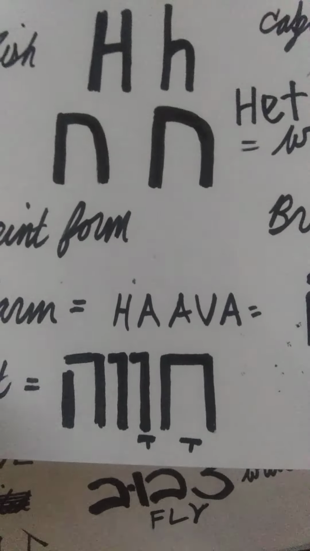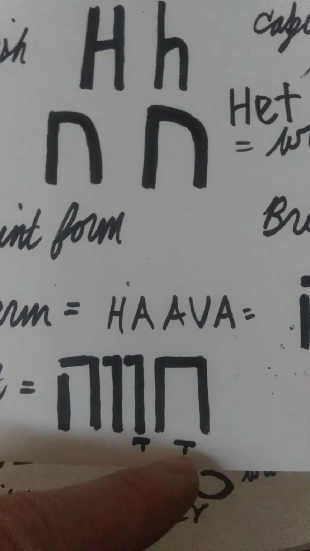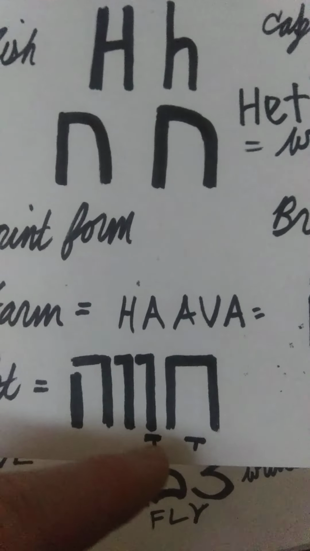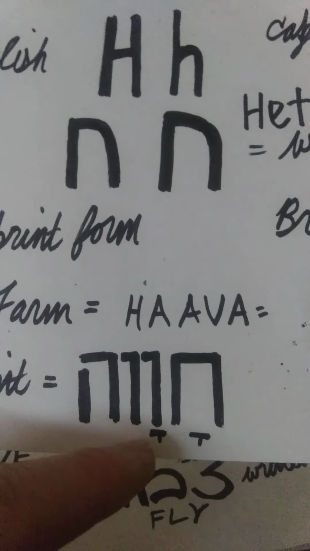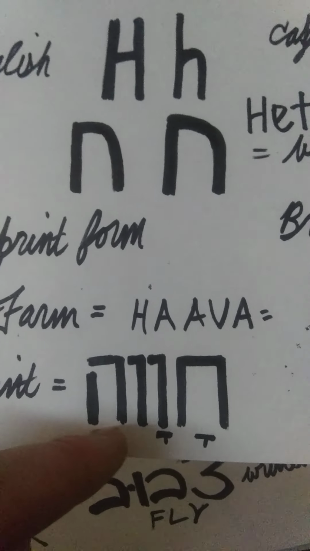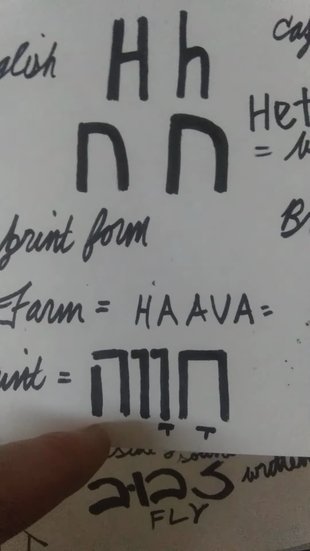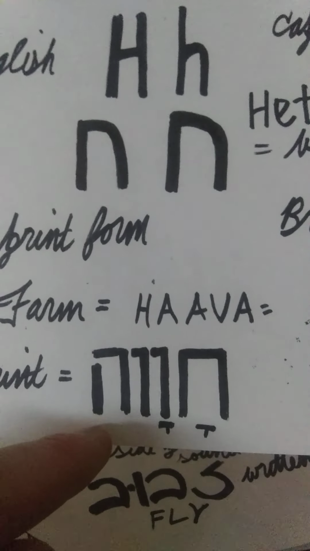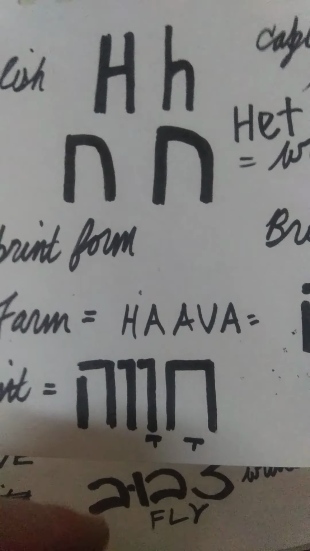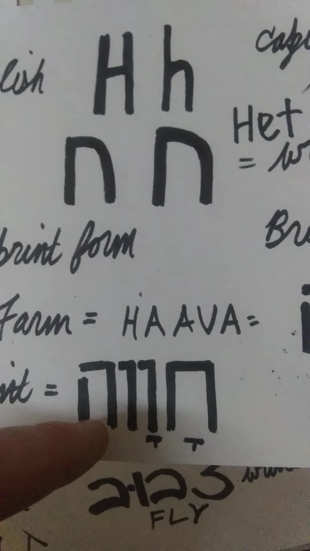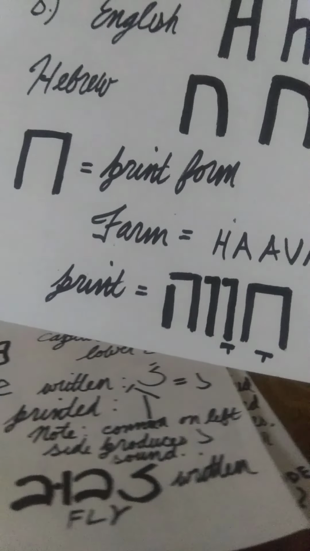So hava. So we have our printed het with the nikud, ha. The vav with the nikud, ha. And then just the va without the nikud, va, va. Yeah, it's a little interesting because, wait, what's this at the end?